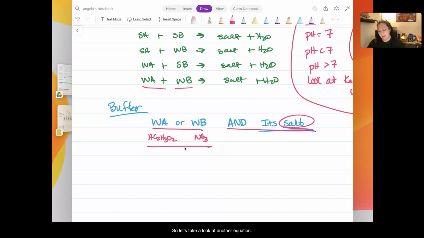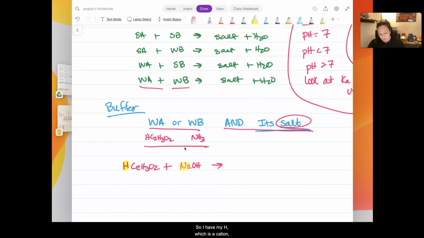So let's take a look at another equation. Let's take acetic acid and let's put it with NaOH. Remember, I told you these are double replacement reactions, right? And so what are they going to do? They're going to switch their partners. I have my H+, which is a cation, and my Na+, which is a cation.